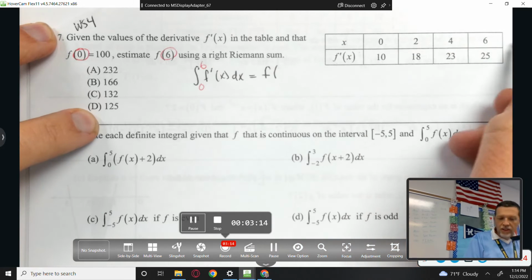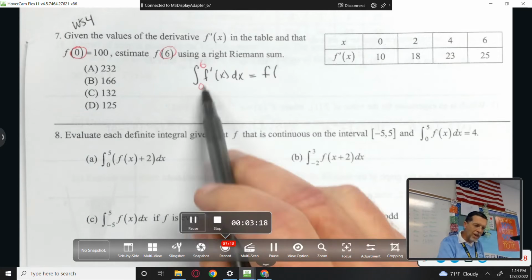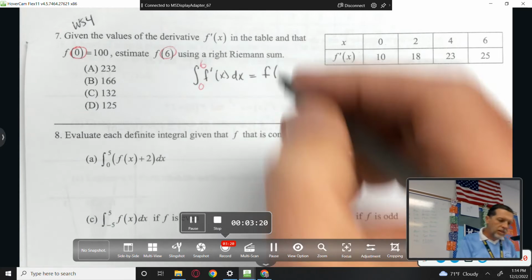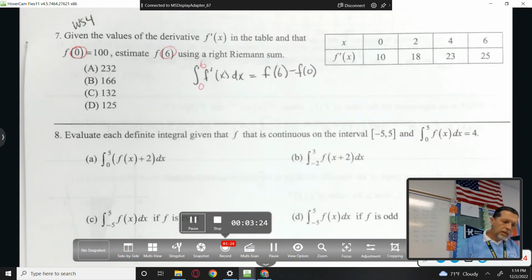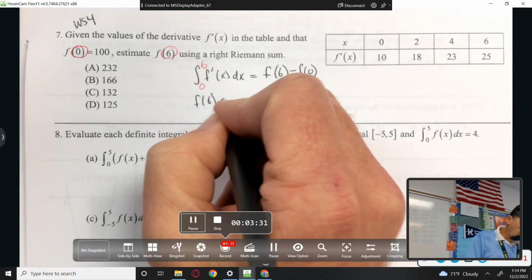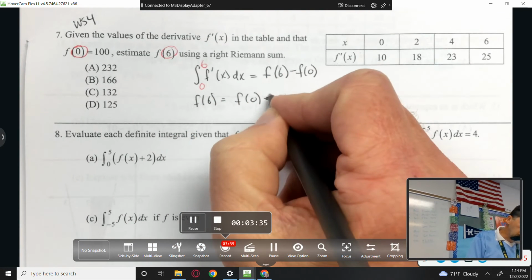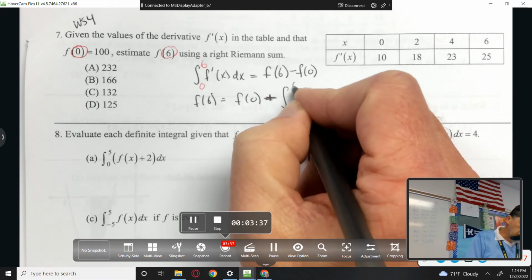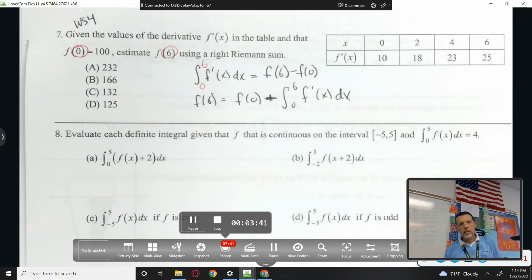Although they could have extended this table out into 8, 10, 12 and just make sure you were looking at 0 to 6. F of 6 minus f of 0. Find f of 6. Okay, so f of 6 is f of 0 plus the integral from 0 to 6 of f prime of x dx.